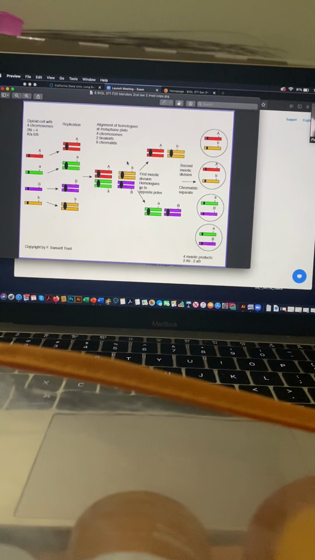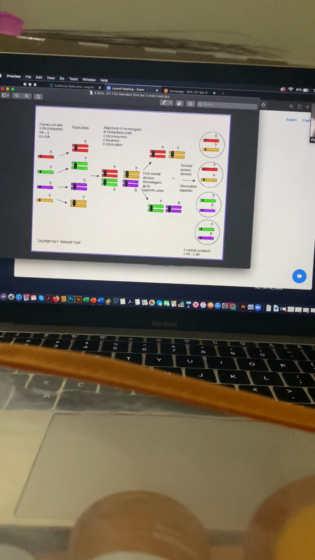Then this homologous pair, orange, purple, separate with orange going to this pole and purple going to the opposite pole, such that now this cell has a red chromosome and an orange chromosome, and this one has a green chromosome and a purple chromosome. And now we have a second meiotic division.